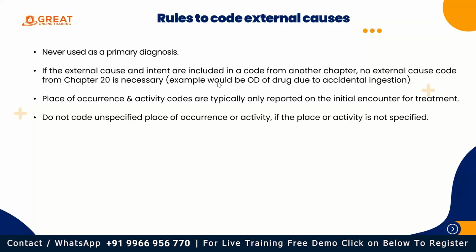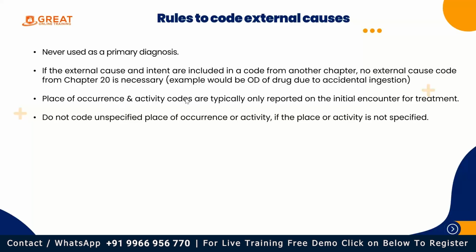For example, overdose of drug due to accidental ingestion. In most poisoning or overdose conditions, intent is already included in the code. Previously, I showed you an example also. So in that case, you should not use an external cause code additionally.